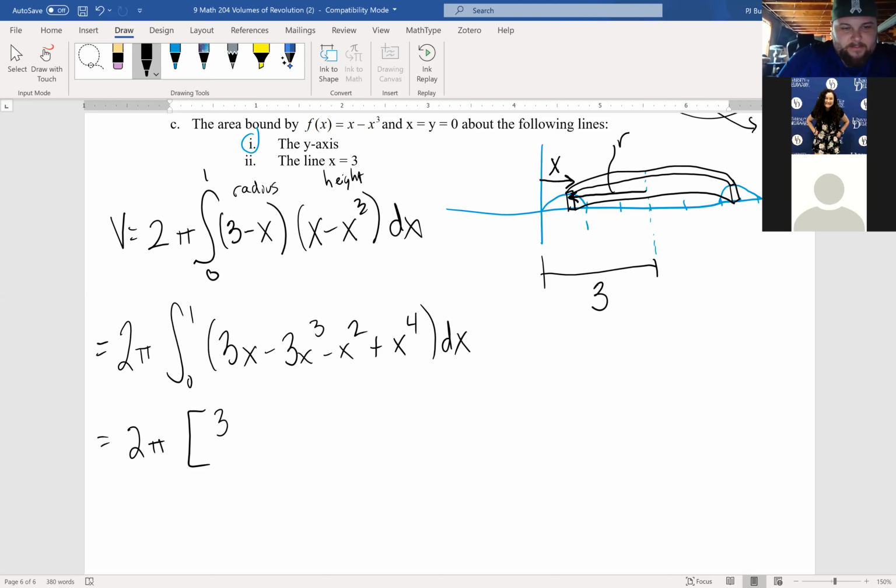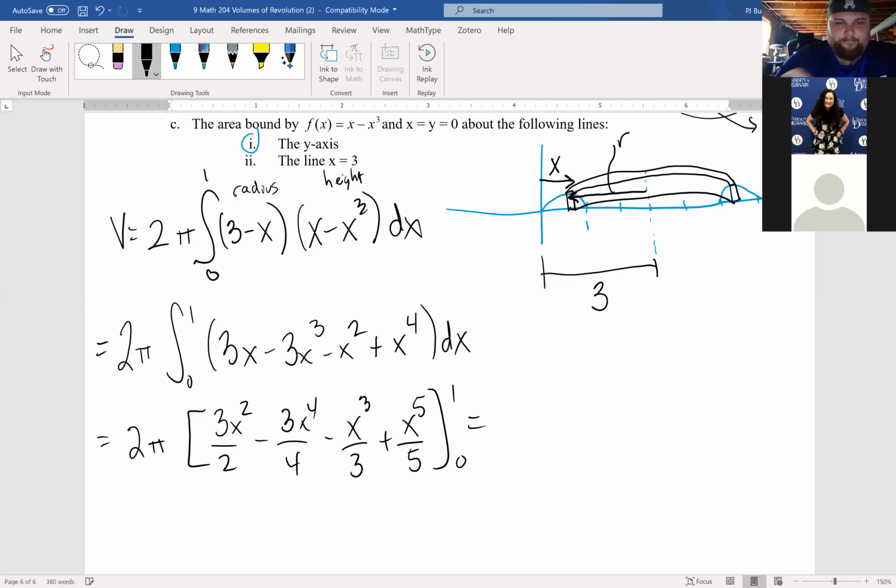So that's going to be 3x squared over 2, 3x to the fourth over 4, x cubed over 3, x to the fifth over 5. Right, all very simple integrals.